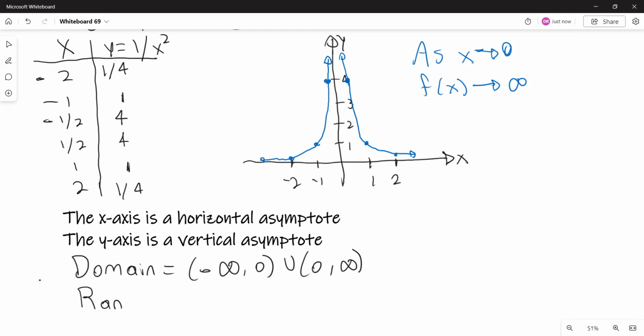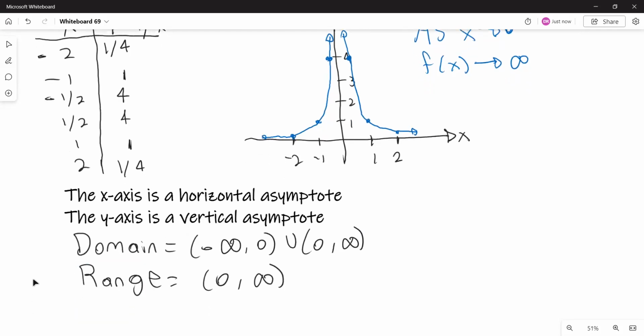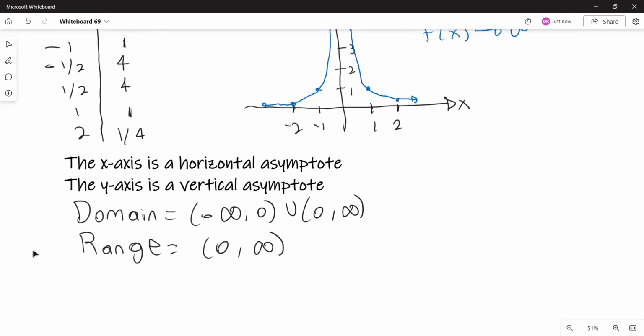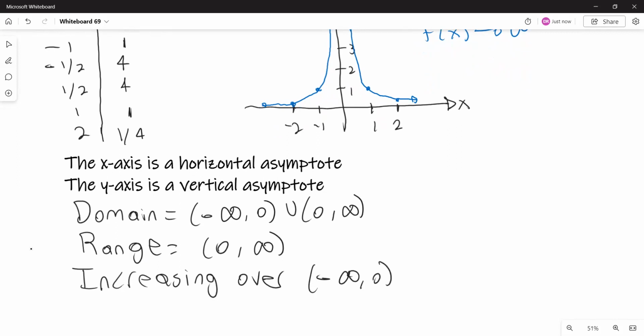So the range is going to be 0 to infinity, excluding 0. Anything else? This function is increasing over negative infinity to 0. And it is decreasing over 0 to infinity.